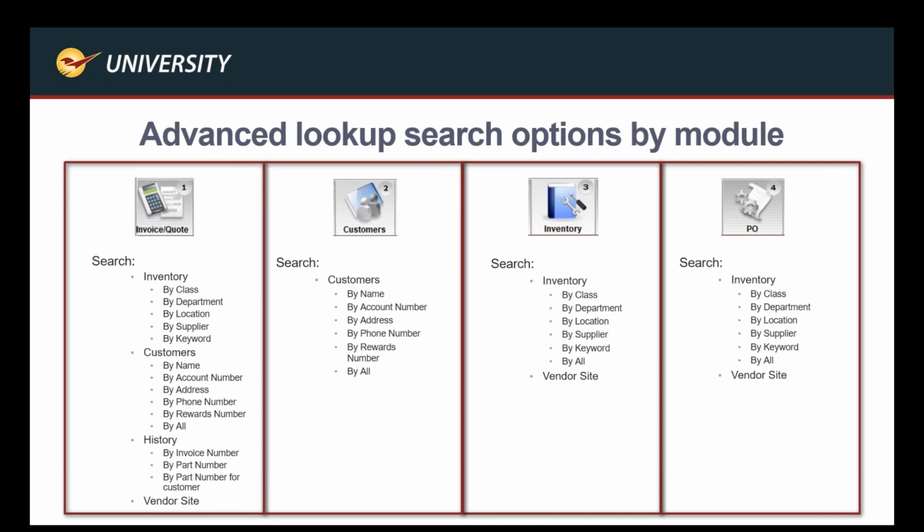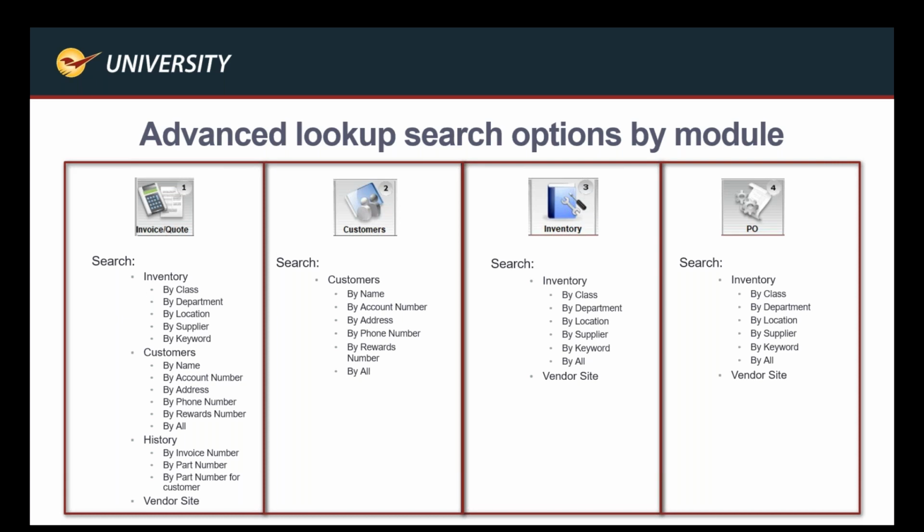Here's a breakdown of what you can search for by module. Invoice and Quote again has by far the most robust options to search for. Not only inventory, but customers and history. We'll talk about each one of those respectively as the presentation goes on.